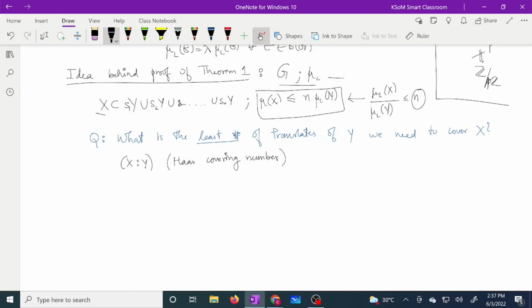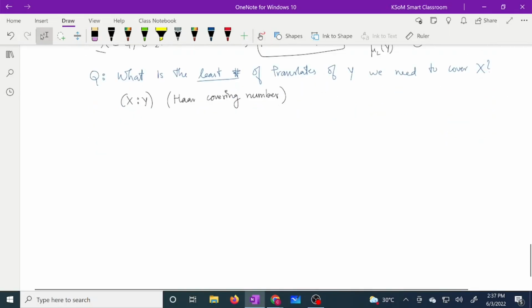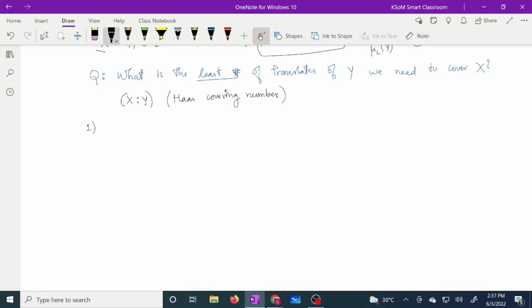Now we make some observations. The first observation is this x colon y, the Haar number, exists if x is compact and y is open.